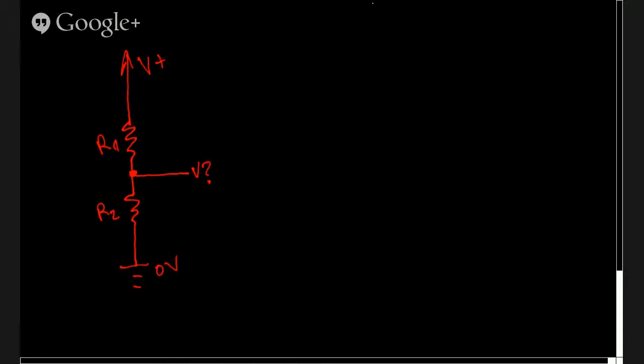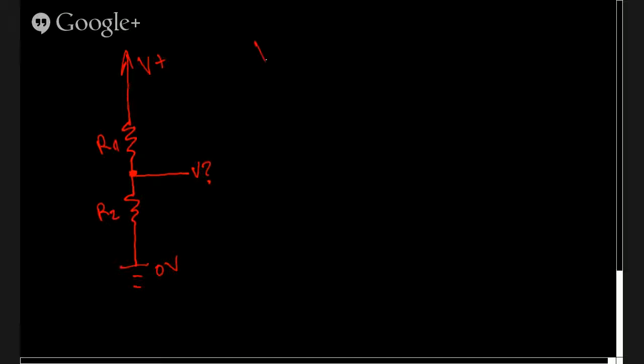There's a magical equation which I have neglected to memorize. You don't need to memorize this, but know that we get it from Ohm's law. We'll go ahead and do the proof.